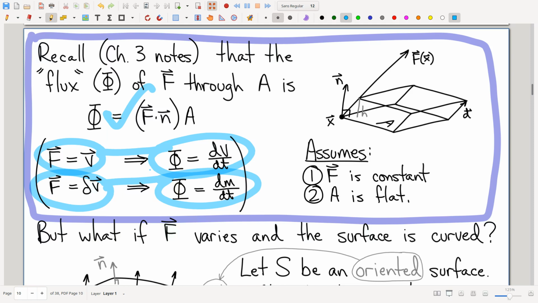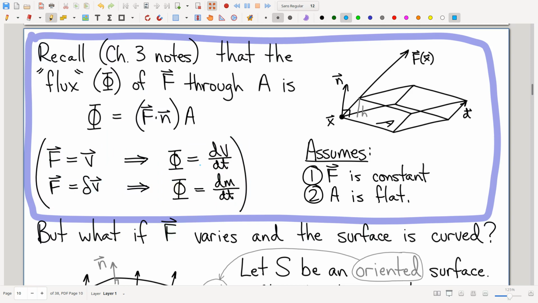All right. Now, as you may recall, this assumes that our vector field is constant. It assumes that our area is flat. All the calculations we did back in Chapter 3, we assumed those two things. The real world being what it is, stuff tends not to be flat. Stuff tends not to be constant.